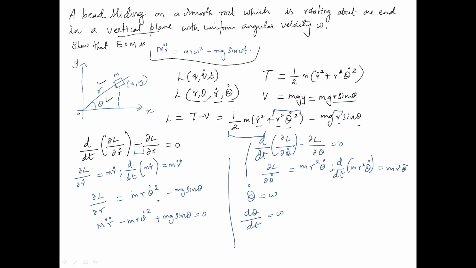For the time being, get rid of the other equation, we don't need it. Then we can write d theta equal to omega dt, and once you integrate this, theta is equal to omega t. You can use this theta value in this equation.